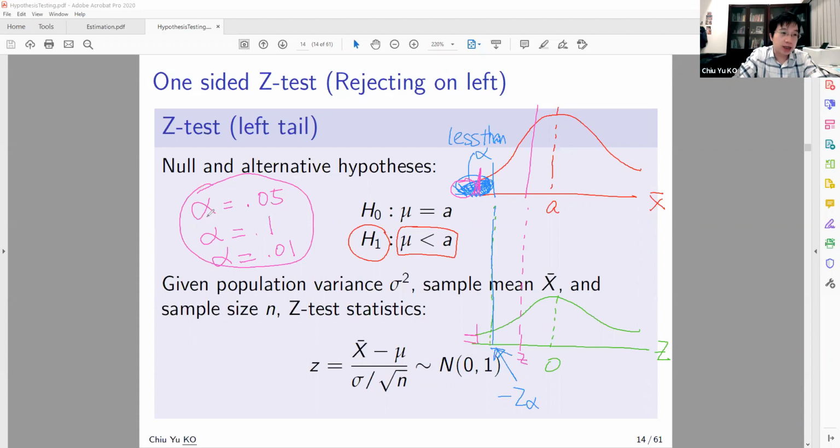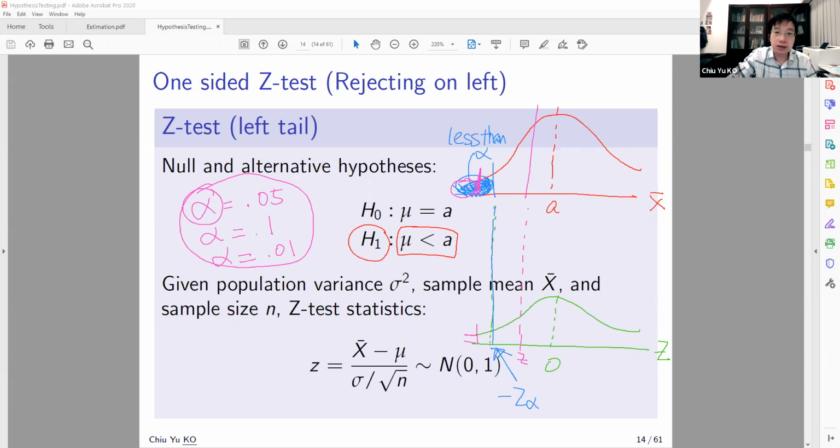As we said, this is the type 1 error we allow. Sometimes you don't want to set it too low, because if you set it too low, the beta will be high. Is that okay?